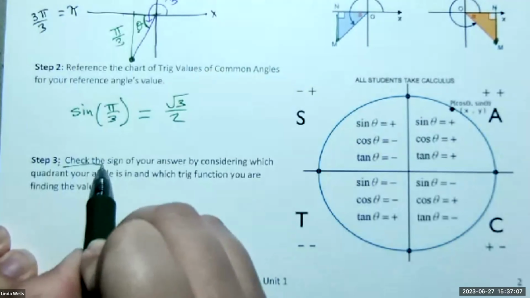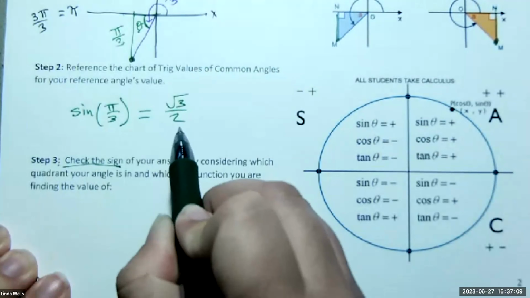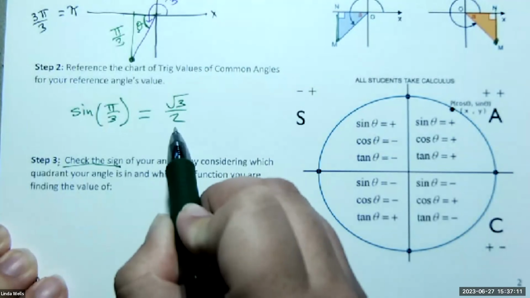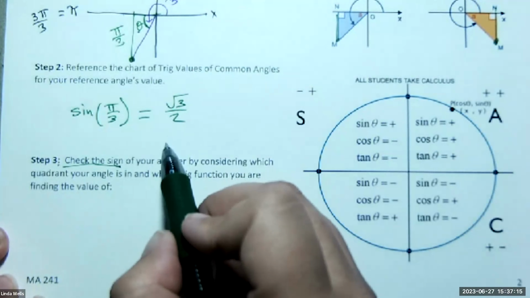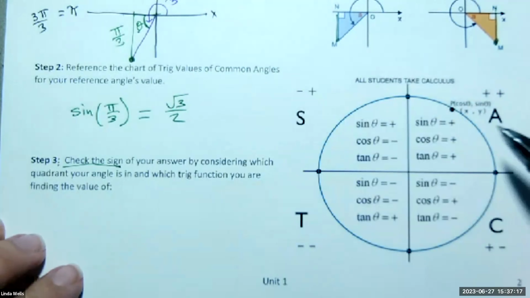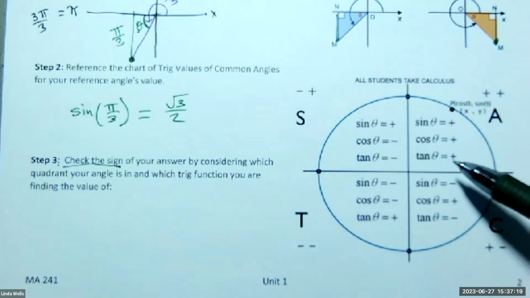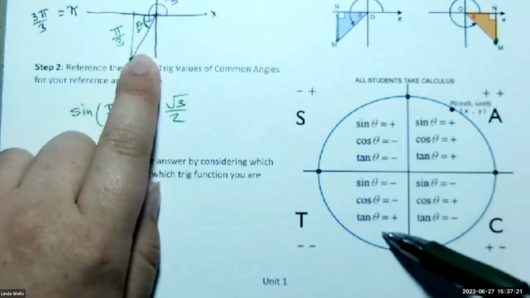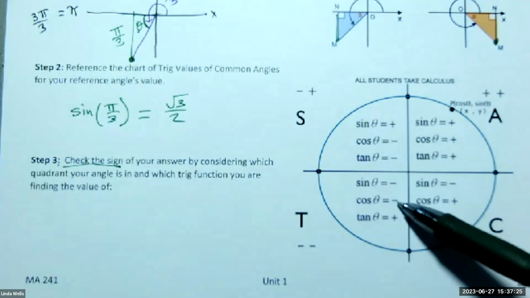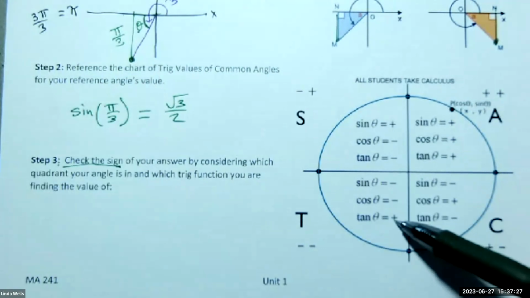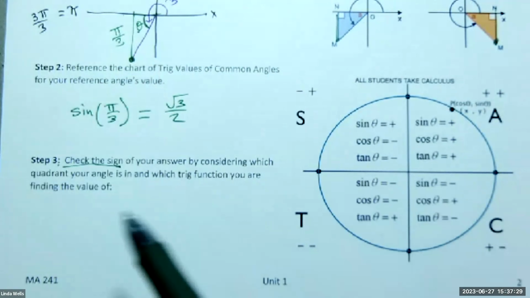Step 3 is to check the sign. This might be your answer, or you might need a negative sign. All that depends on which trig function you're doing and which quadrant you're in. There's a little guide over here. We are in the third quadrant. In the third quadrant, sine and cosine are both negative. Tangent is positive. We want sine.